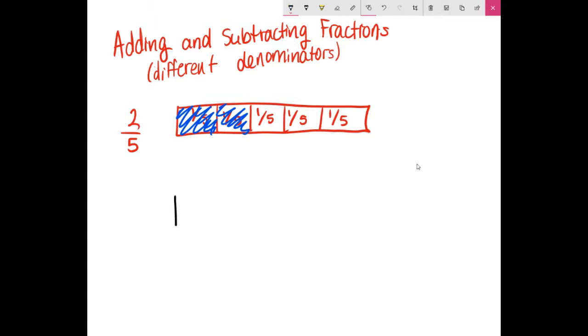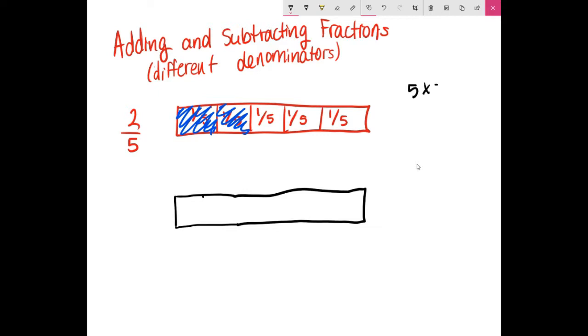That's what our 2/5 is telling us about this strip. Let's say we wanted to change our number of pieces inside this strip to 10 instead of 5. Well, 10 is a multiple of 5, and which multiple is that, based on the lesson we learned on least common multiples? 10 is the second multiple of 5 because 5 times 2 is 10.